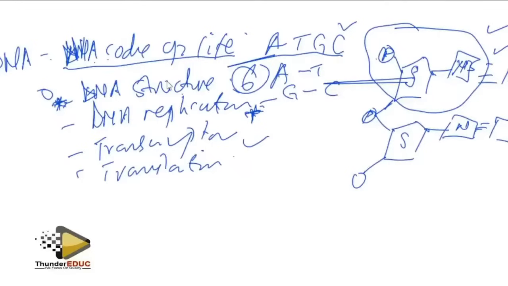But when you're talking about DNA replication, 2 strands act as a template, while in transcription, 1 strand is acting as a template. Then, adenine goes with uracil, and guanine goes with cytosine.